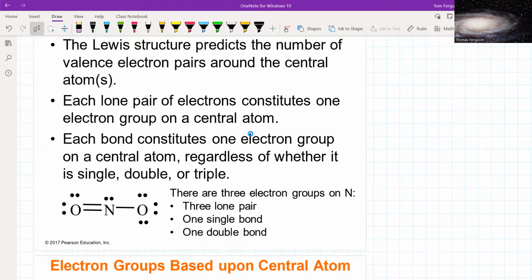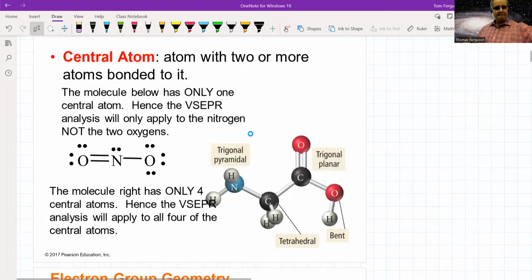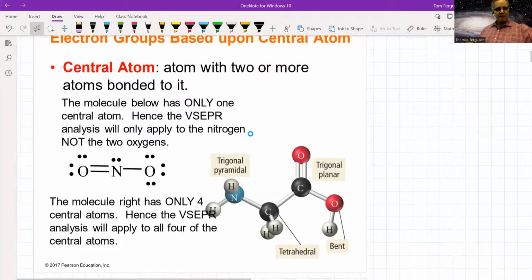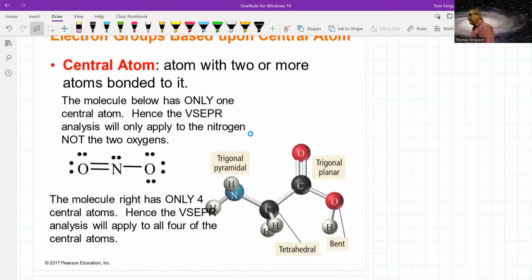A central atom is defined as an atom with 2 or more atoms bonded to it. The oxygen has 1, the other oxygen has 1, but the nitrogen has 2. So this has 1 central atom.